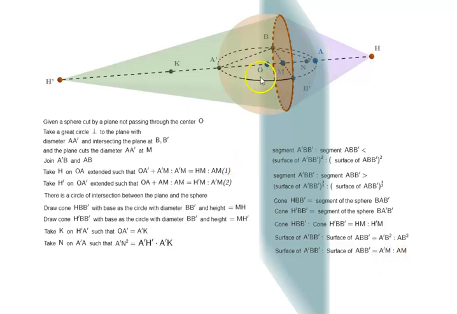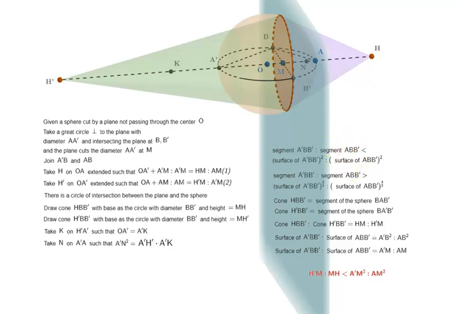Why? Because A'B square is to AB square is equal to A'M is to AM. These ratios are the same. So which means H'M is to MH is less than A'M square is to AM square. This is what we have to prove as far as the first part is concerned.